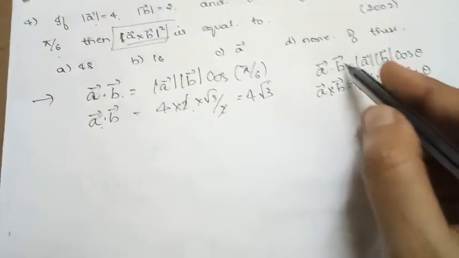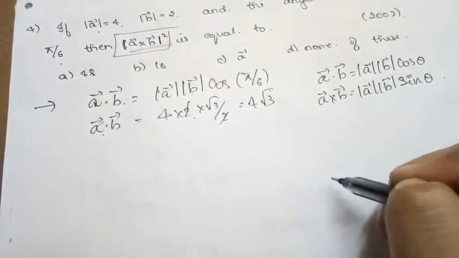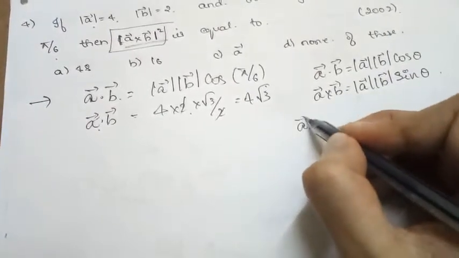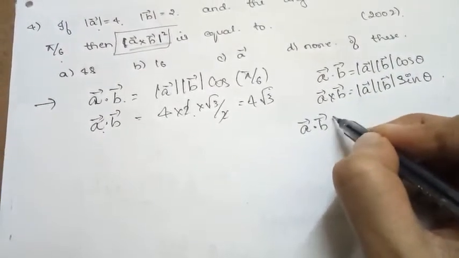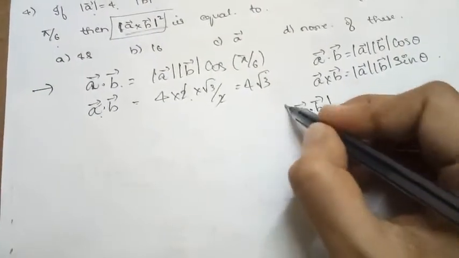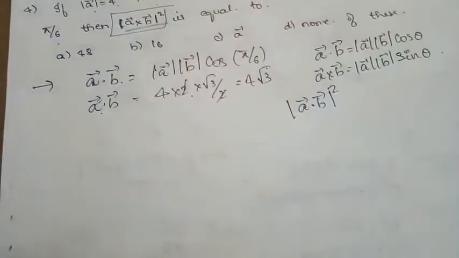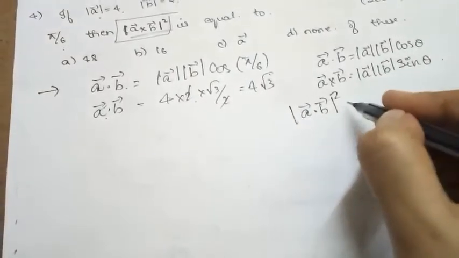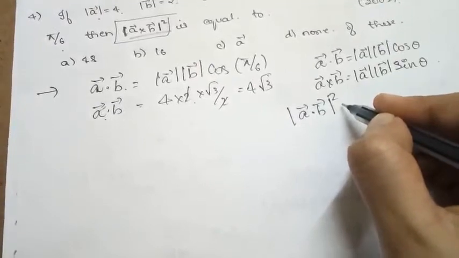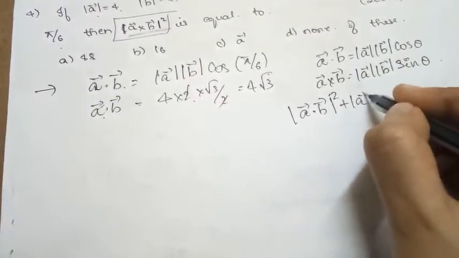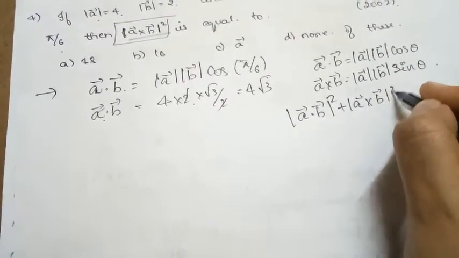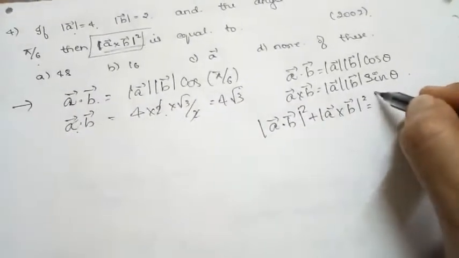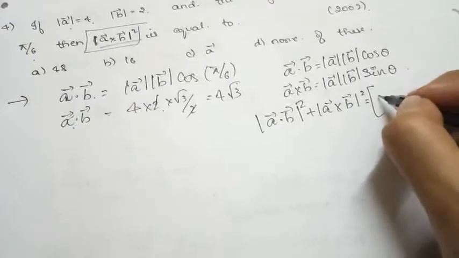By looking into these two equations, suppose I take magnitude of vector A dot vector B whole square plus magnitude of vector A cross vector B whole square is equal to, what happens to our LHS part?